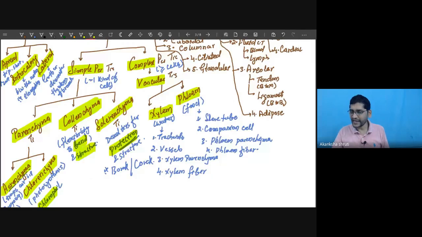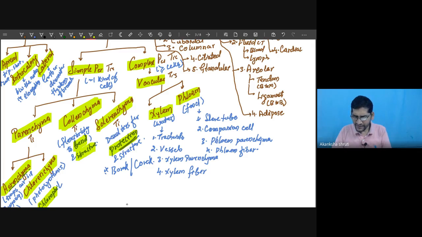Xylem is for carrying the water, and it contains four kinds of cells, and phloem also contains four kinds of cells, but phloem is for transporting the food. Food has to be moved bidirectionally from one location to another, but water always moves unidirectionally from the root to different parts.